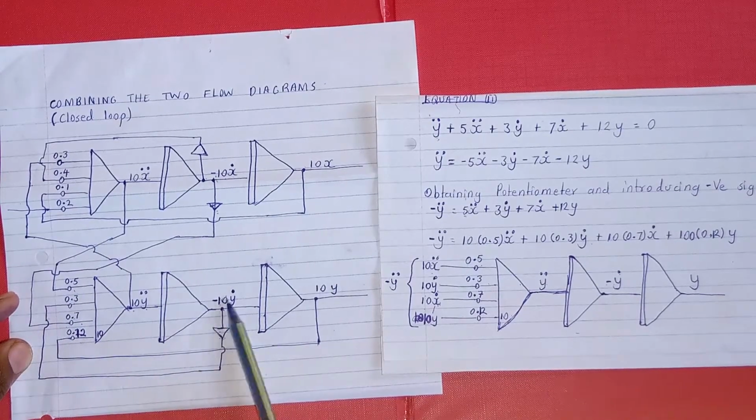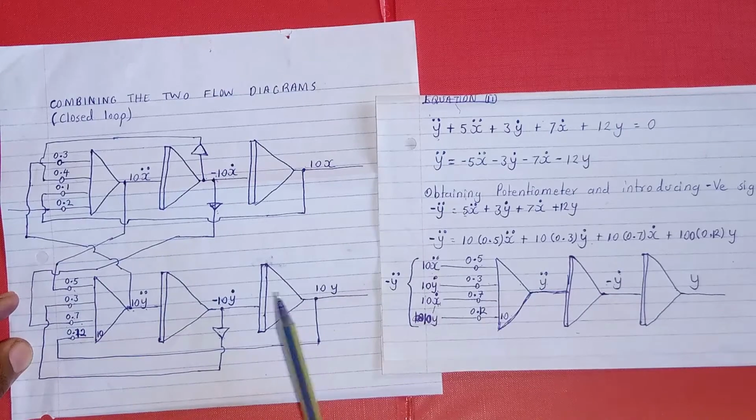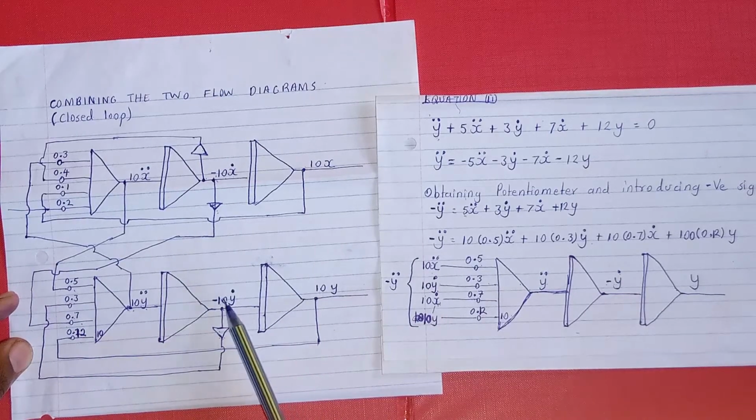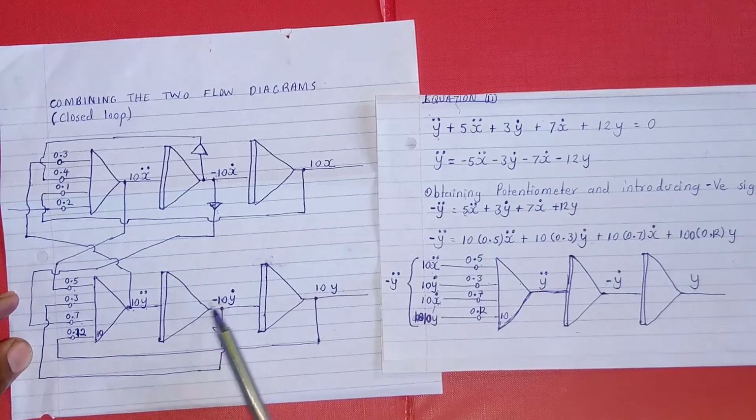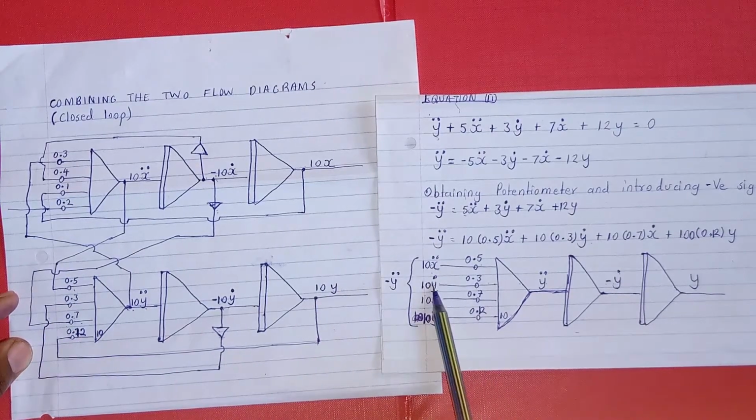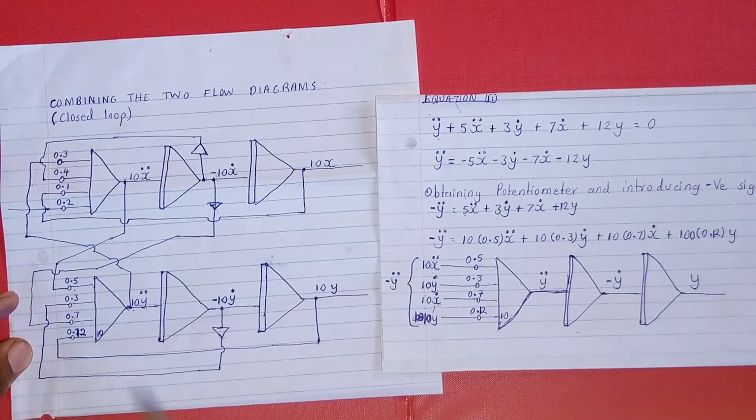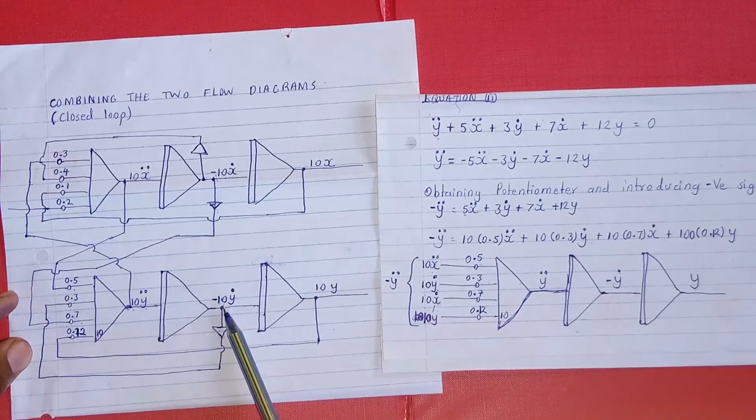Then there's something you should be very keen to see, that here we have a negative sign, and from where we looped it had a positive sign. So the 2 points will not be equal if we don't introduce this inverter.